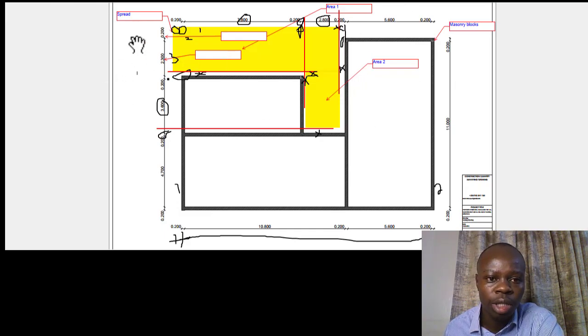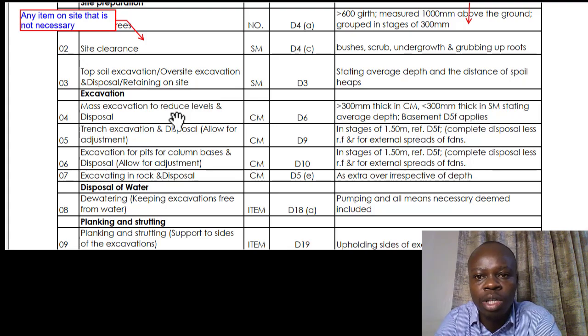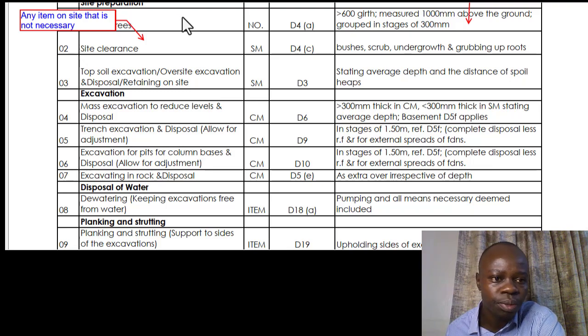When you're talking about trench excavation, the rule is what we normally refer to. What does the rule say about this, or how do we go about this particular item? So we'll check straight to what is available for us to see.